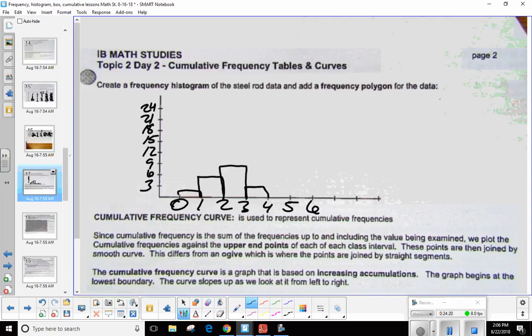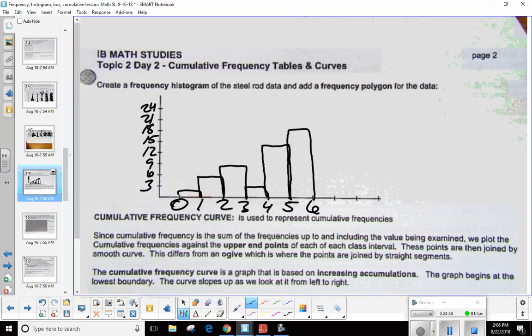Can't they all be multiples of 3? 14. And then perfect. Would you guys agree? Any questions? I would agree.